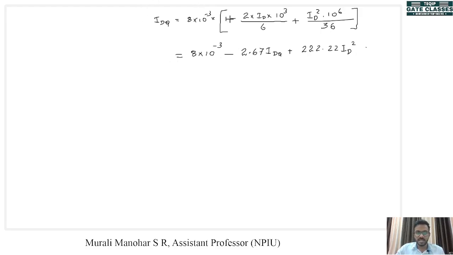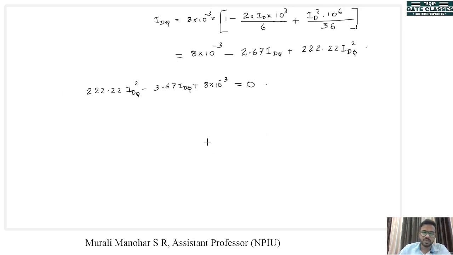Now if we take this IDQ to the right, this equation becomes 222.22 IDQ square minus 3.67 IDQ plus 8 into 10 to the power minus 3 equal to 0.